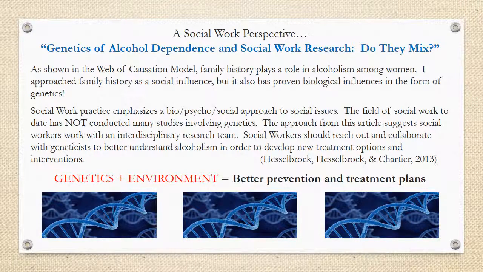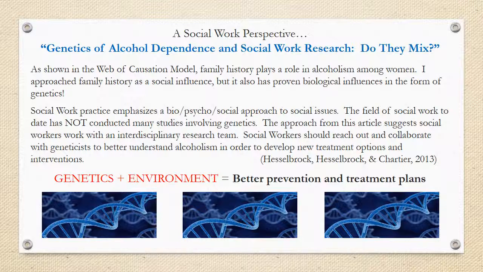As we all know, social work practice emphasizes a biopsychosocial approach to social issues such as alcoholism among women. And the field of social work to date has not conducted many studies involving genetics, yet we know that they are linked to alcoholism.